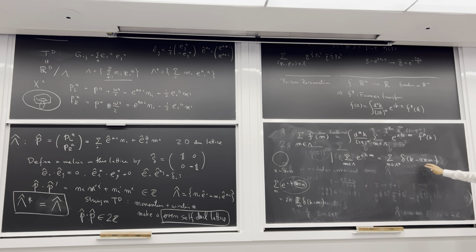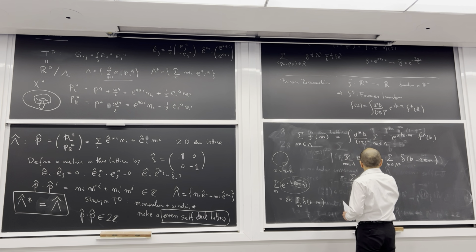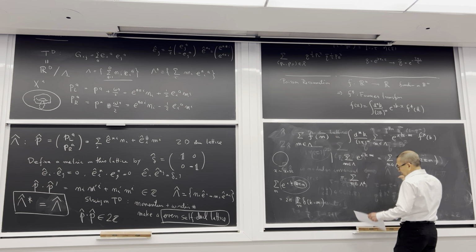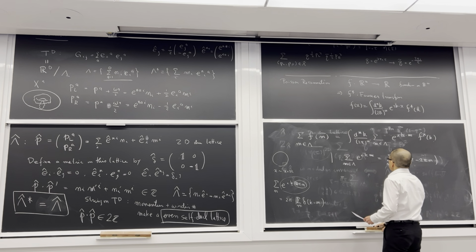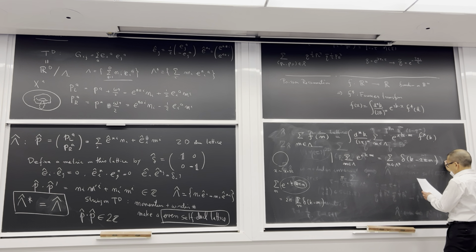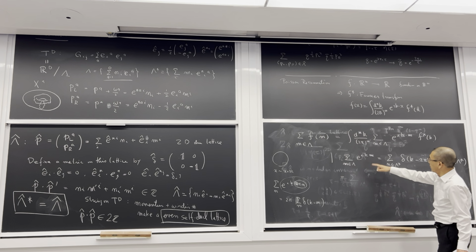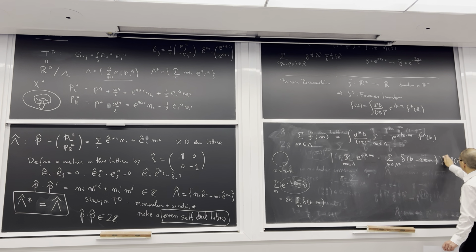So we substitute this in here and do the integral, and then voila, this is equal to the sum over n, where k is now replaced by 2 pi n. Oh, I forgot an important factor: this is multiplied by the volume of the dual lattice, because when you consider proper normalization, we get this extra factor.